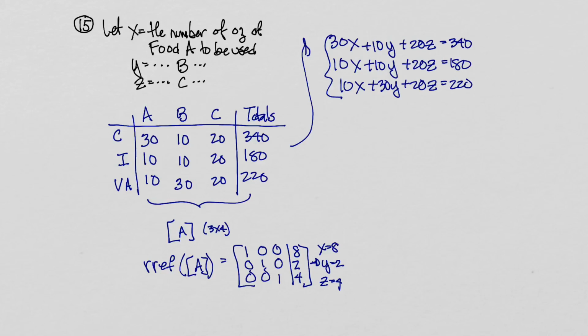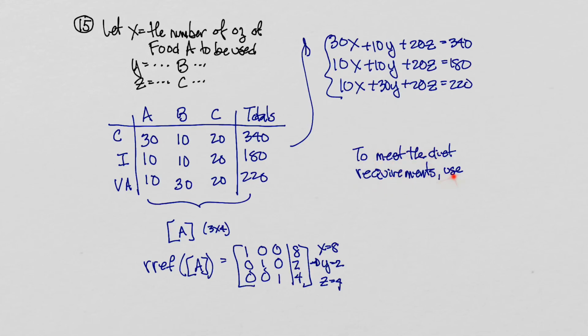This is a word problem. So what we do in word problems, we follow it all the way back and we see what x, y, and z are. So x is the number of ounces of food group A. So we're going to use 8 ounces of food group A. I'll write it over here.